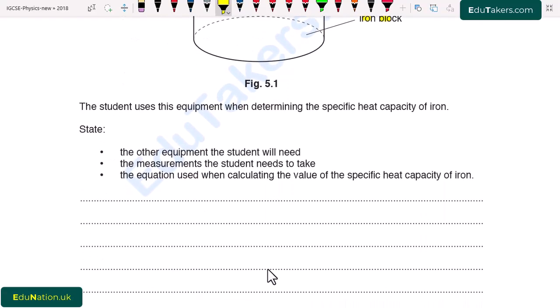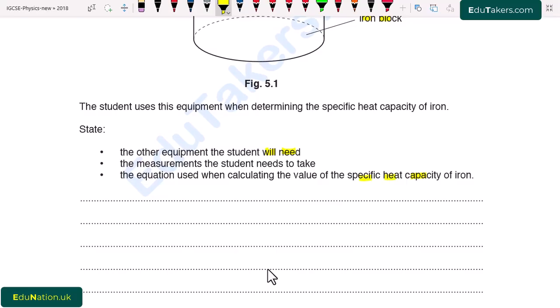The student uses this equipment when determining the specific heat capacity of iron. State the other equipment that the student will need, the measurements the student need to take, and the equation used when calculating the value of specific heat capacity of iron.